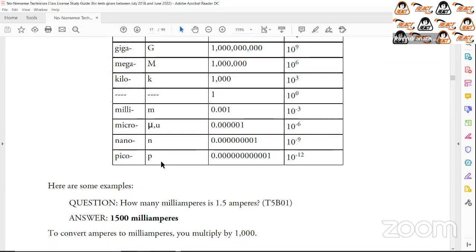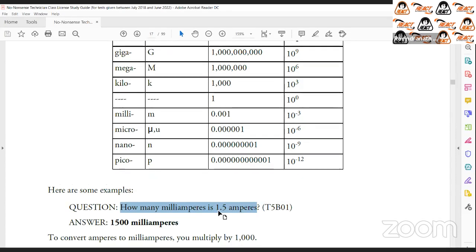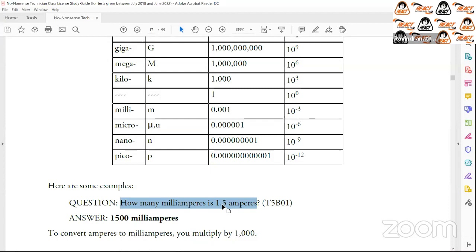So let's deal with a question in the question pool that deals with the prefixes. The question is, how many milliamperes are in 1.5 amperes? So look at what we are converting from. Milliamperes is what they're asking about, and they have given us the amperes.